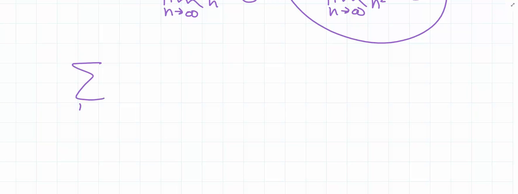Now, to see why this works, let's just think about a series, and let's suppose that this series does converge. So this right here is equal to some number.